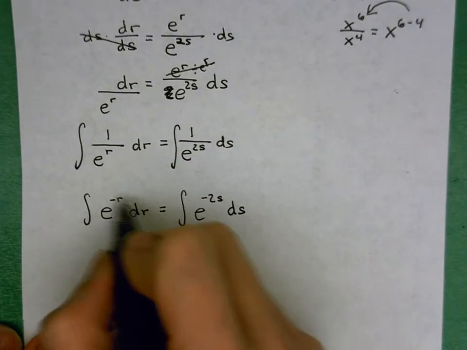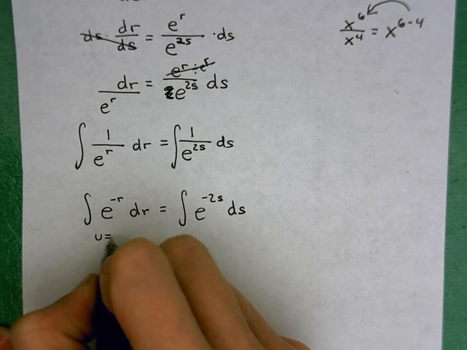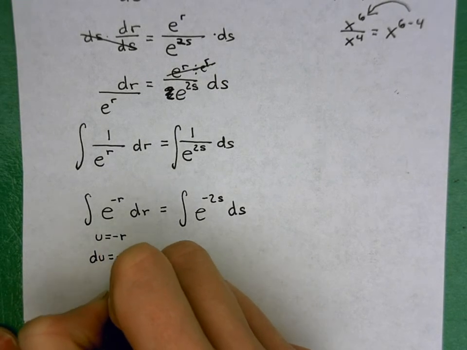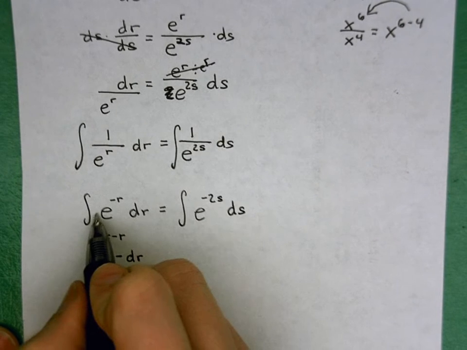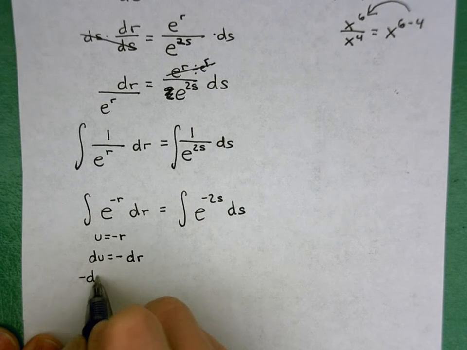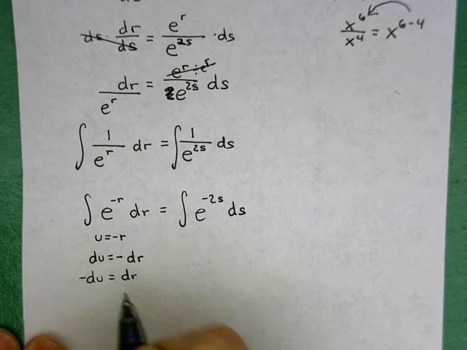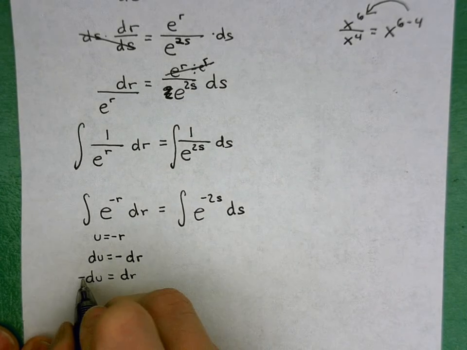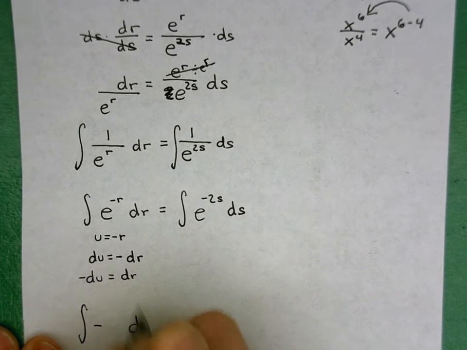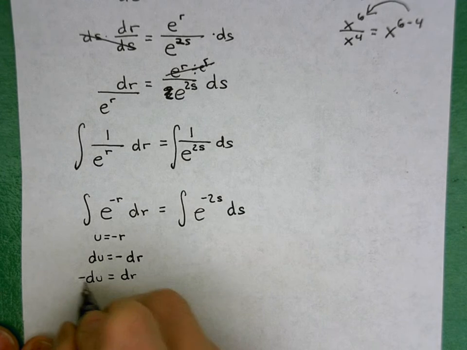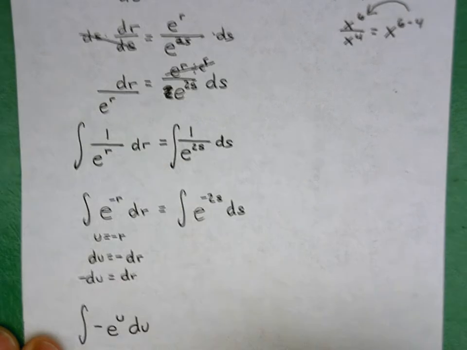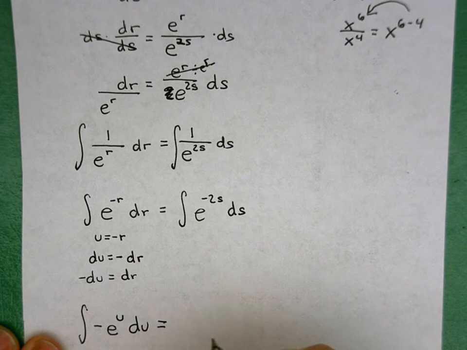Okay, so here my u is going to be negative r, which means my du is going to be negative dr. Now I don't have a negative here, so I'm going to go ahead and divide that negative over. Okay, so we're going to have integral negative du, which substitutes in for that dr, and e to the negative r is going to be u.